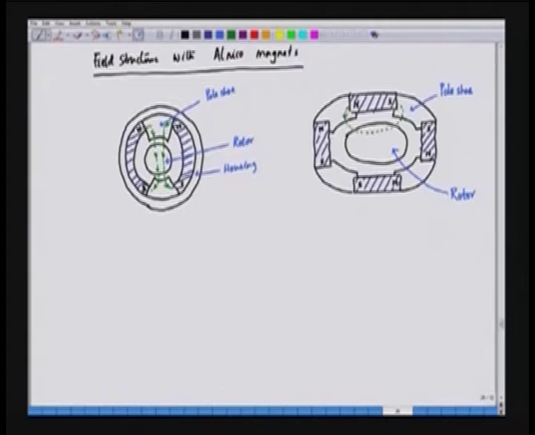So, this is one of the flux lines coming out of the north pole through the pole shoe and entering the south pole again through the pole shoe.